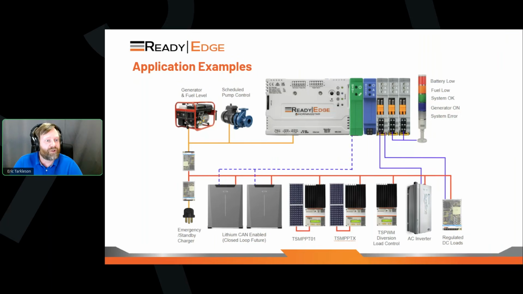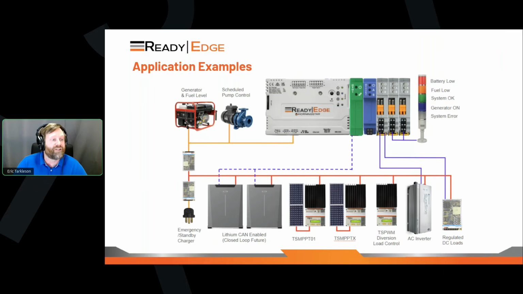So what does all this mean if we expand this out to a big, complex off-grid solar system? Well, we end up with a system that looks like this. We may have a generator and a pump, and the pump is only scheduled to run when the generator turns on once a day, but the generator will still turn on if the battery is low. And then we have lithium feedback from a bank of lithium batteries going into the BMS and the ReadyEdge.